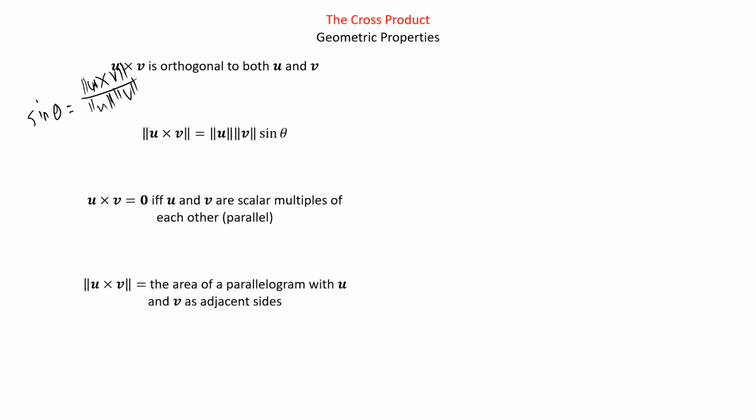And then the magnitude of u cross v is the area of the parallelogram with u and v as adjacent sides. So that means we have a parallelogram. This would be u, this would be v, and going from that base.